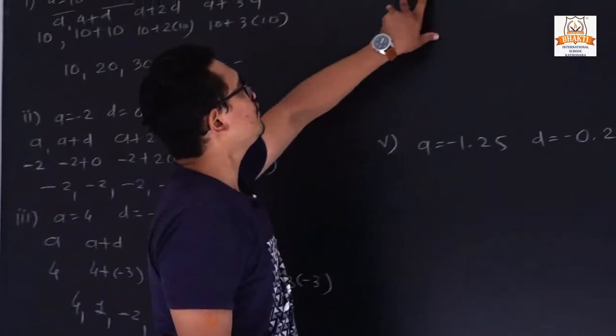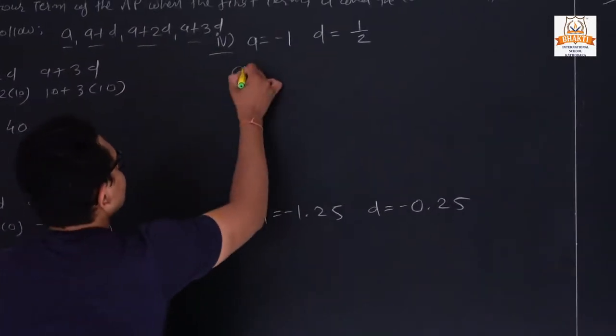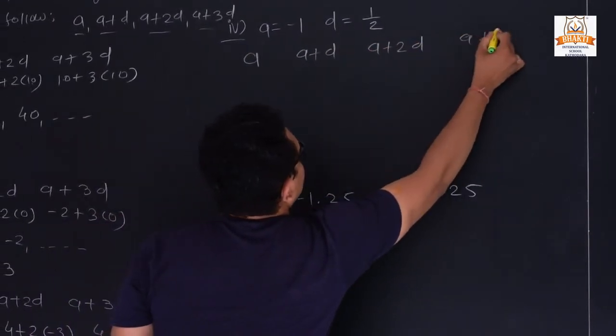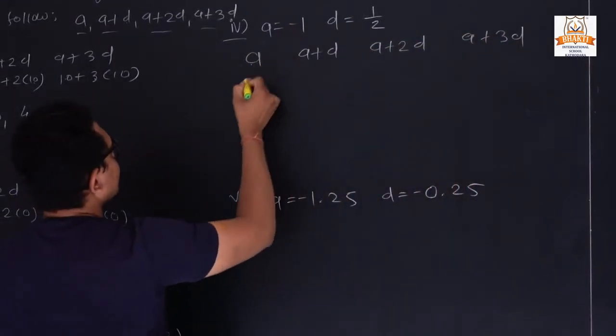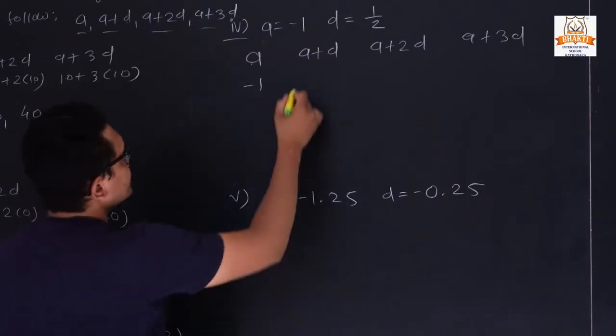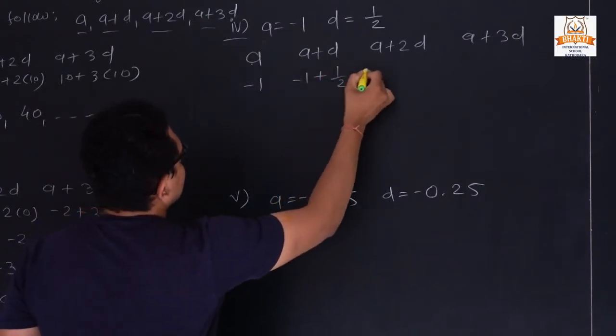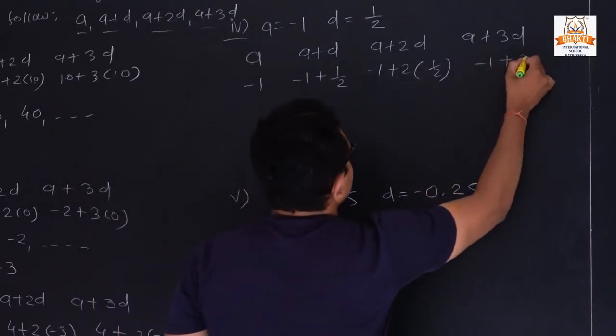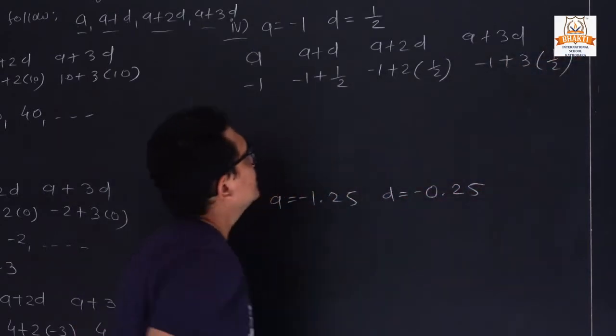Next question number 4. Once again we write, what is A? Minus 1. Minus 1 plus 1 by 2, minus 1 plus 2 in bracket 1 by 2, minus 1 plus 3 in bracket 1 by 2.